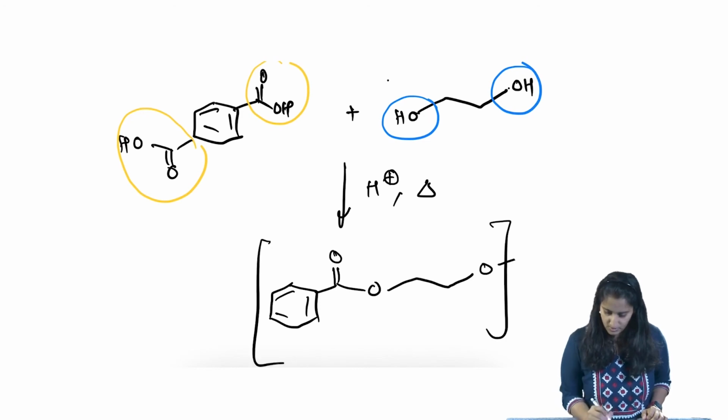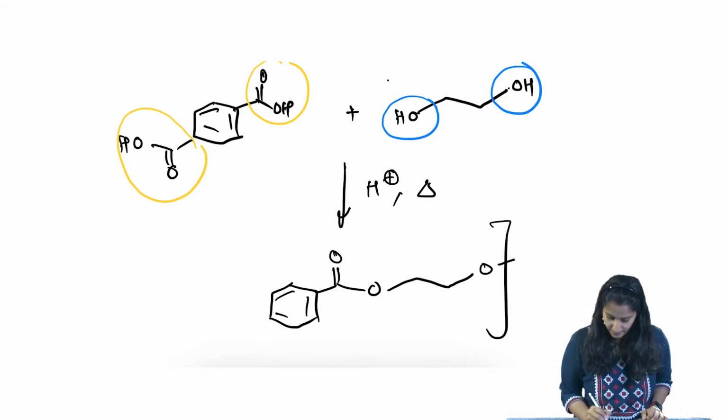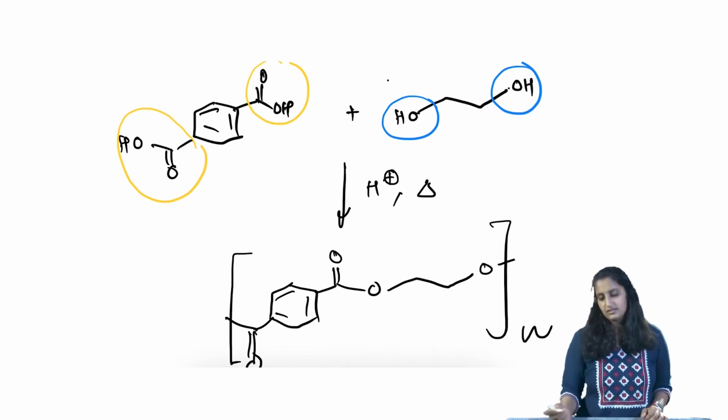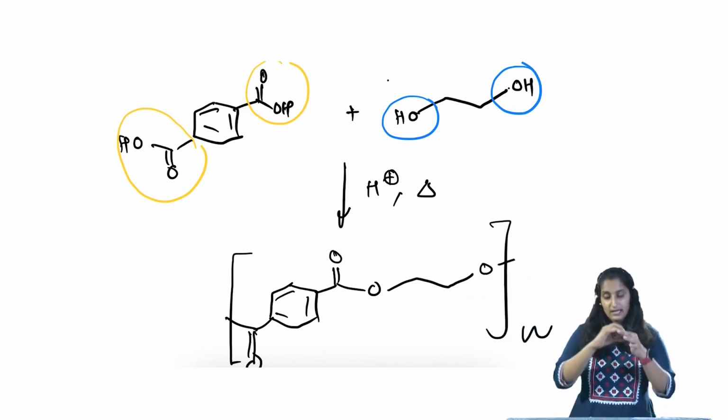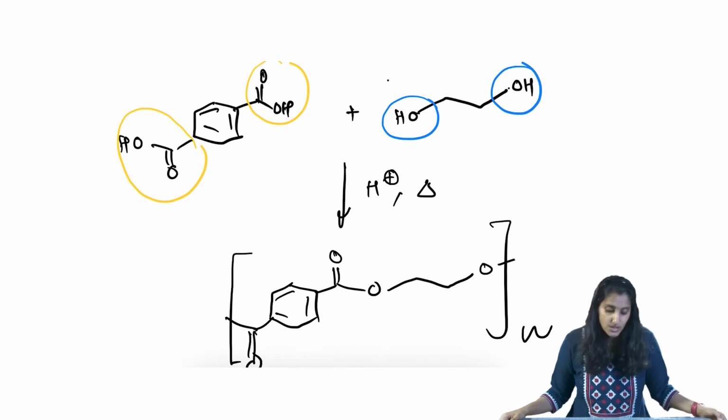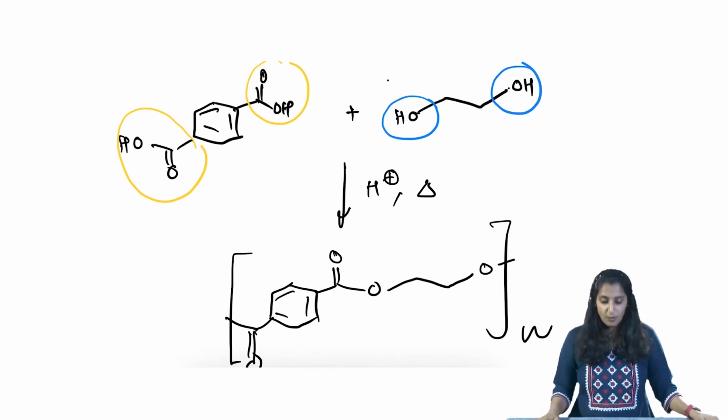So, that becomes your unit. And this chain is going to repeat again and again, creating a long polymer which we can use, and that is how terylene is formed.